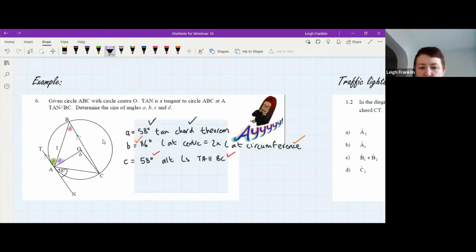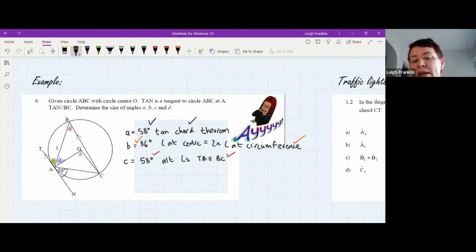Ma'am, I wanted to ask, if you don't write TA parallel to BC, do they still mark it wrong? Your reason? You know, they might, because you might lose the mark. By the time you get to matric, something like this probably wouldn't be worth 2 marks. It would be 1 mark.